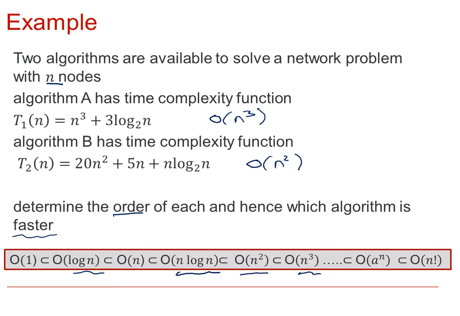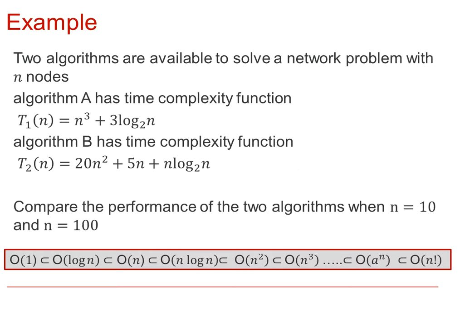Because n squared comes lower in the order than n cubed, B in general will therefore be faster. And as n increases, B should be relatively more efficient. However, it may not be the case for a small n.